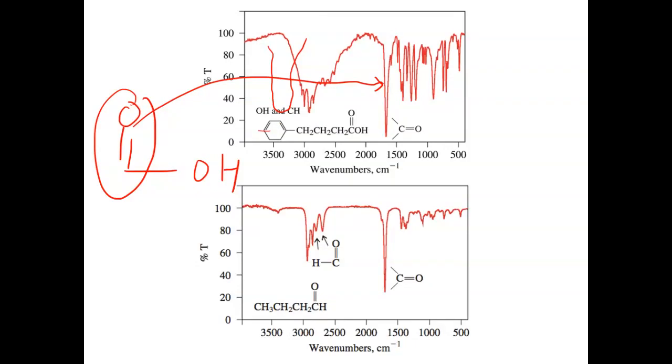But carboxyl OH, due to extremely strong hydrogen bond, this usually appears in the form of hydrogen bonded dimer of carboxylic acid. So I hope you guys recall.